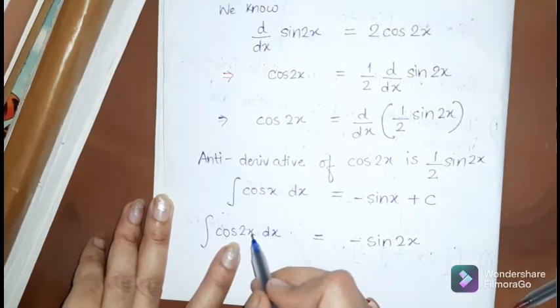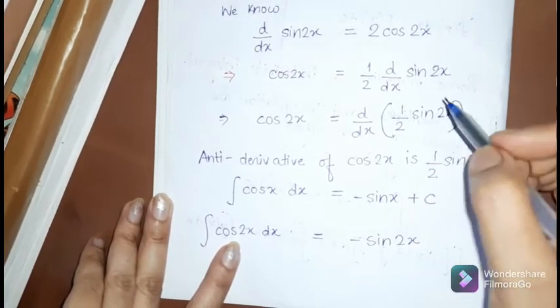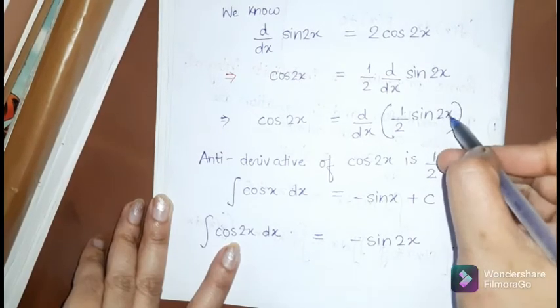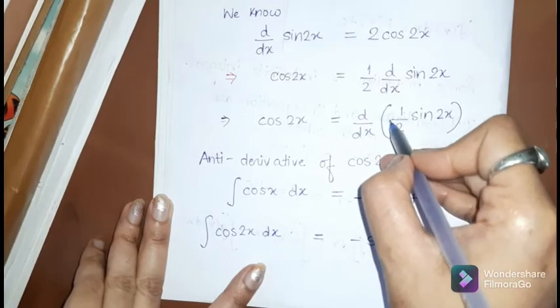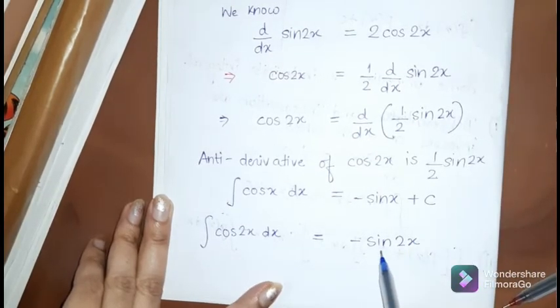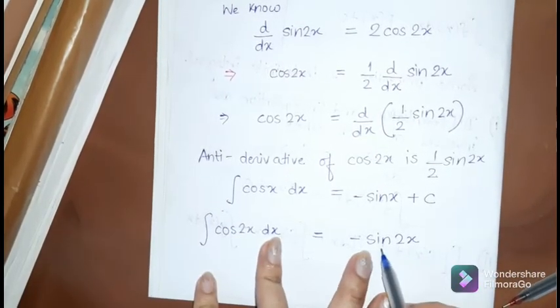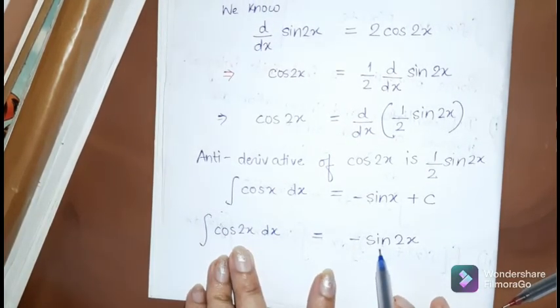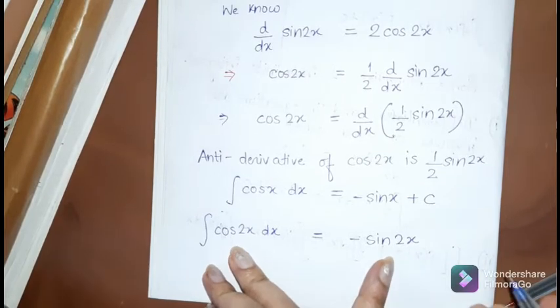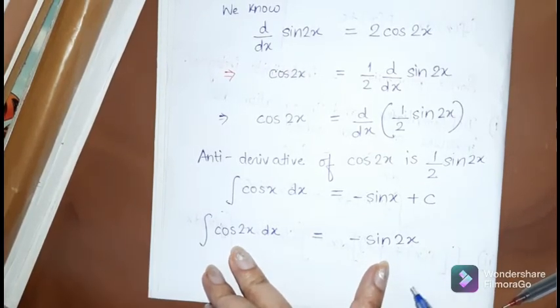Here also you have to apply the chain rule. In differentiation, when you differentiate 2x you get 2, which comes in the numerator. But here you apply the direct formula result first, and then go to the chain rule.